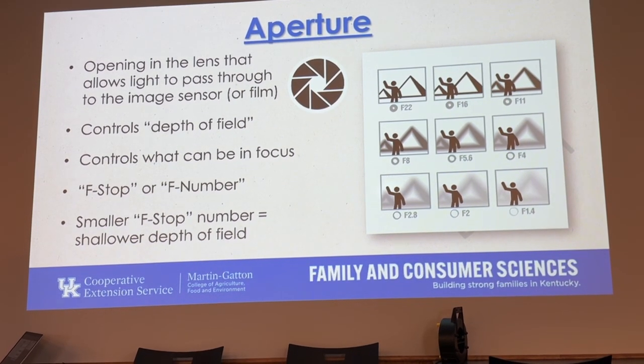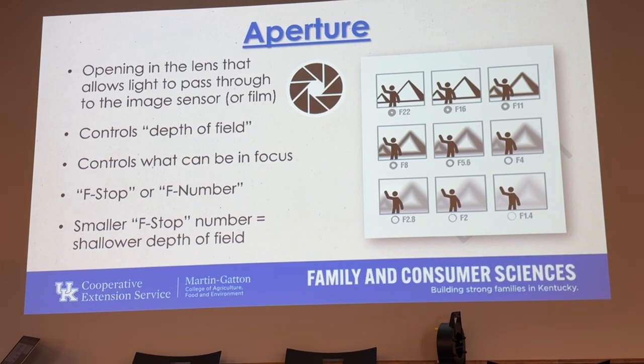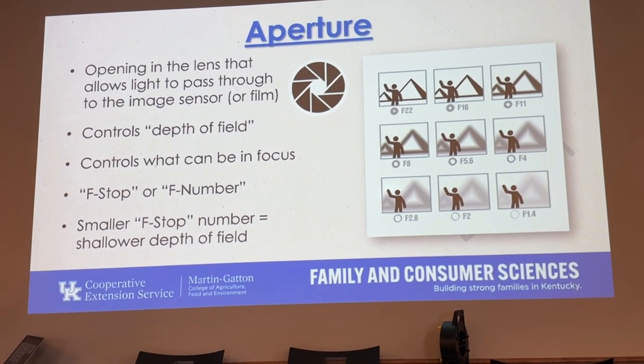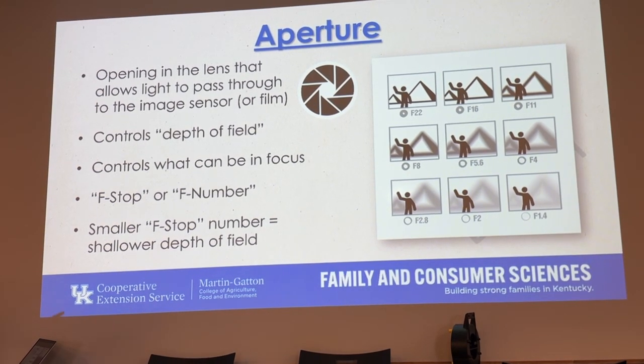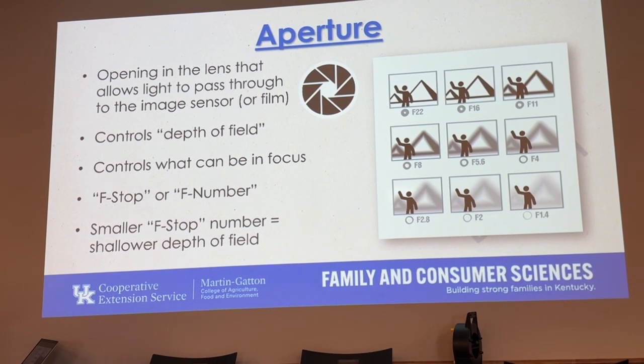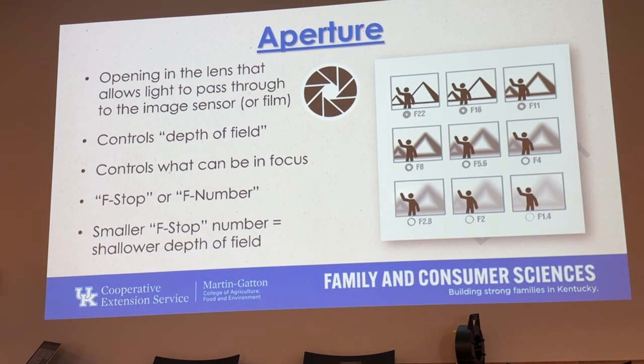Smaller aperture, the opening equals bigger F number. You see F22 and F1.4 is totally different. So the higher the F number, your background's not going to be as blurry.